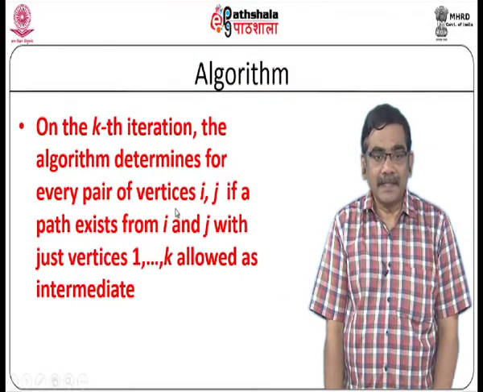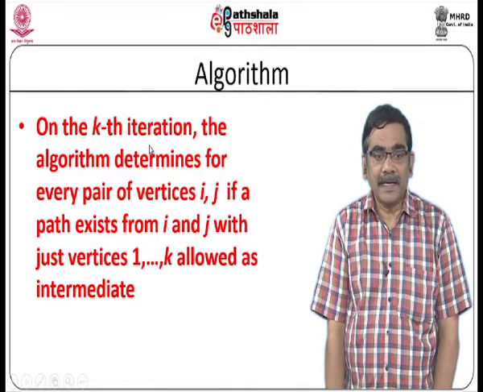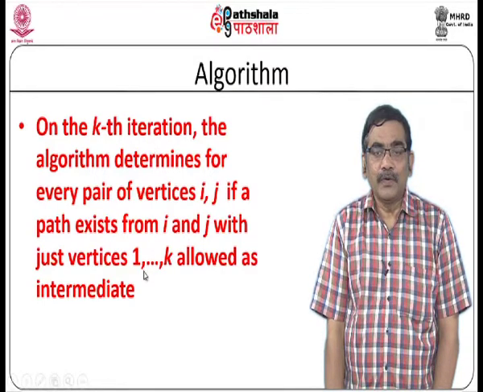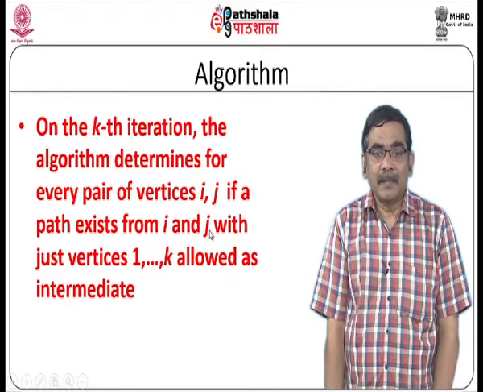So, we have to keep on iterating. At any particular kth iteration we use vertices from 1 to k alone as the intermediate or active vertices to find the path between i and j.